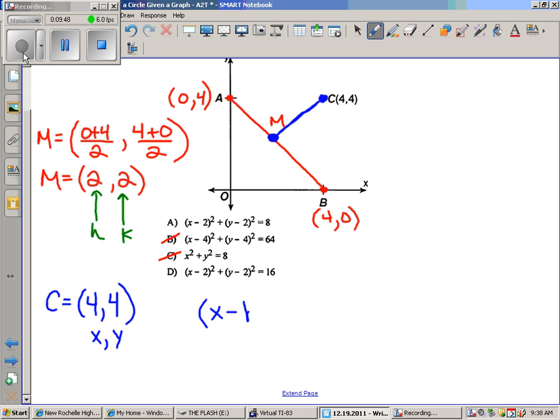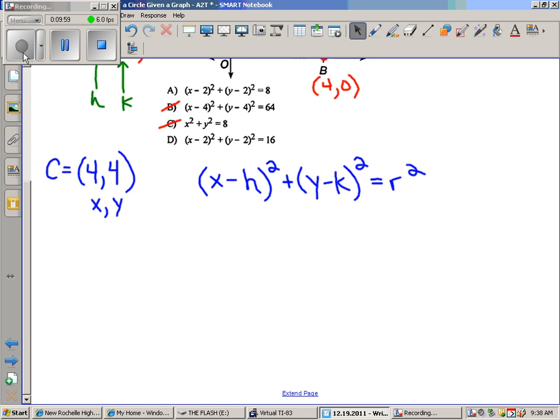X minus H squared plus Y minus K squared equals R squared. You cannot switch the H and the K. So X is 4, how much was H?